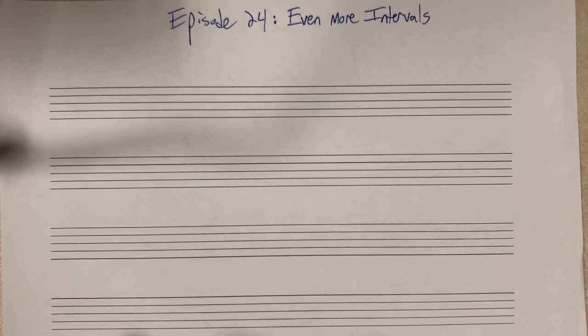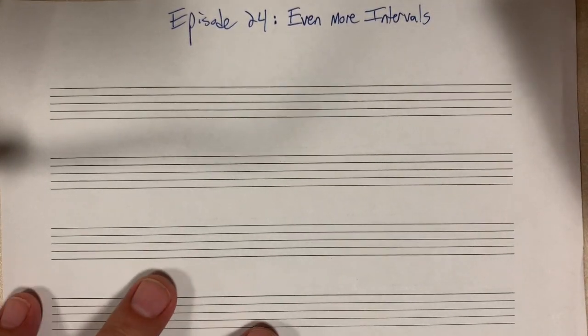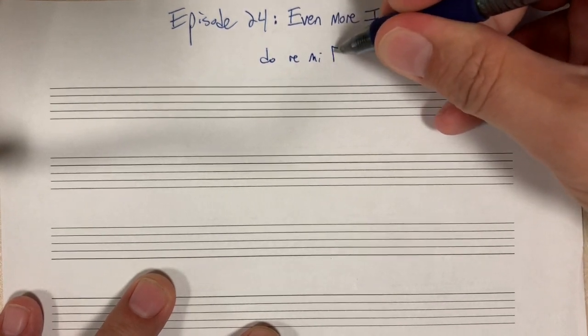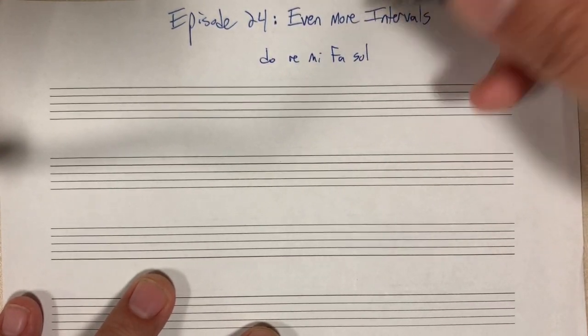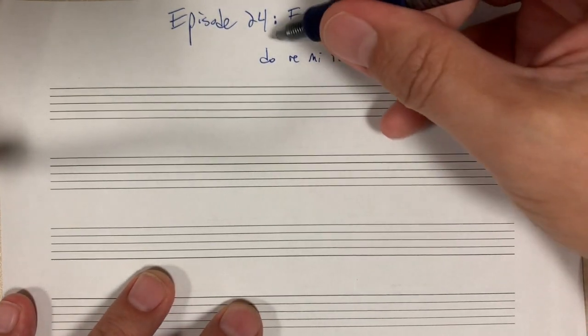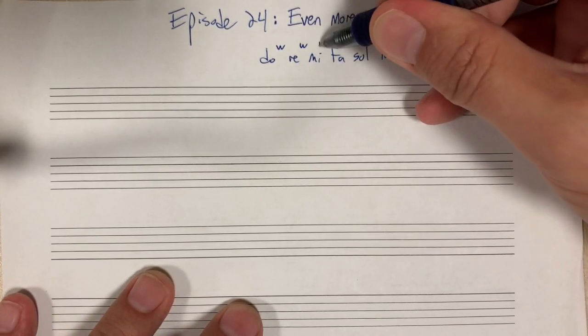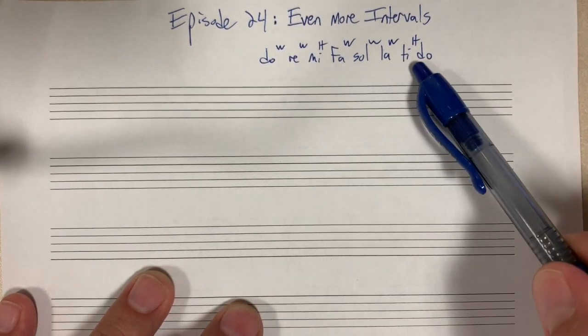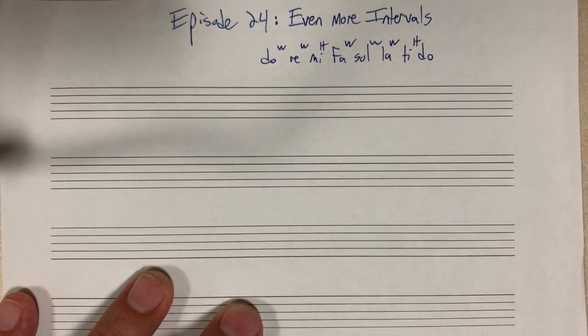So we've talked about intervals from a major scale sense, where you remember that in any major scale, you can derive all your intervals if you can remember that a major scale has whole, half, whole, half as far as the steps or seconds between each note.